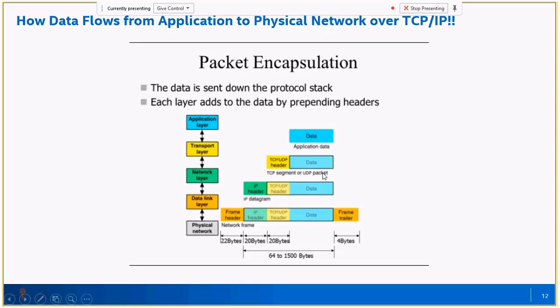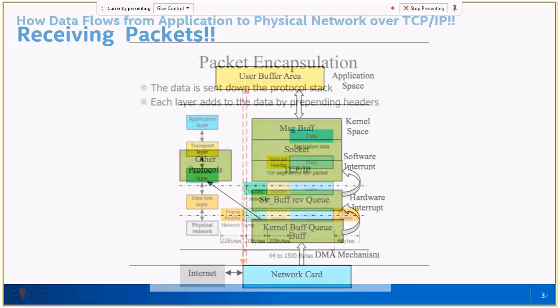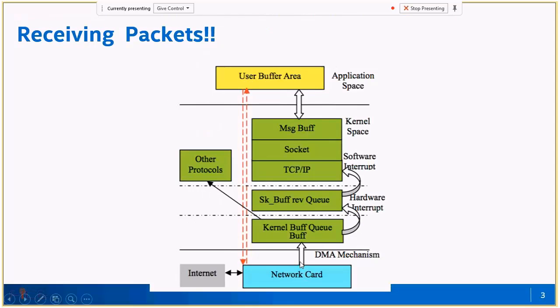That's the way the networking or TCP/IP model works, and you can see in a bit more detail what happens when a packet is received. You have a network card, an Ethernet NIC card or wireless LAN card, and packets are received.